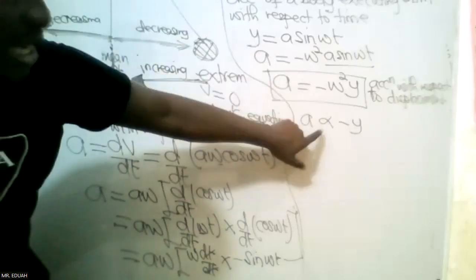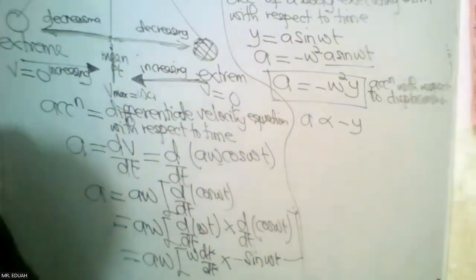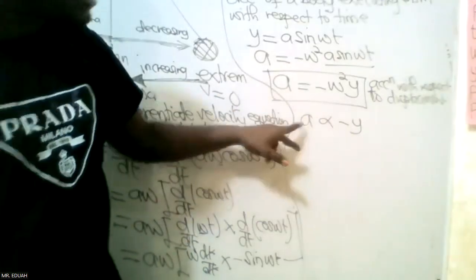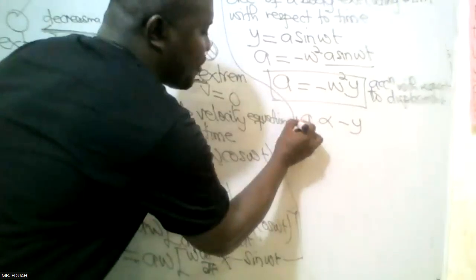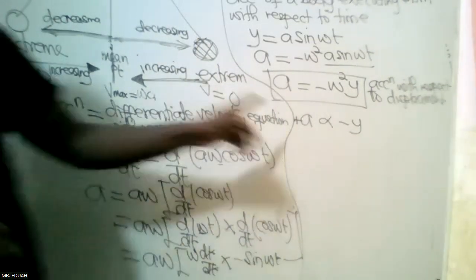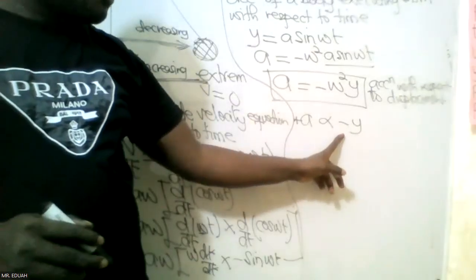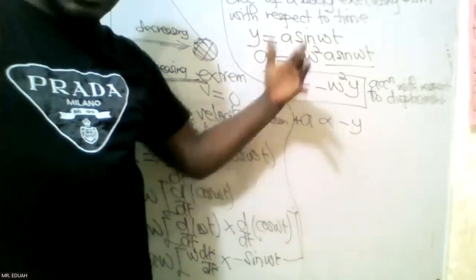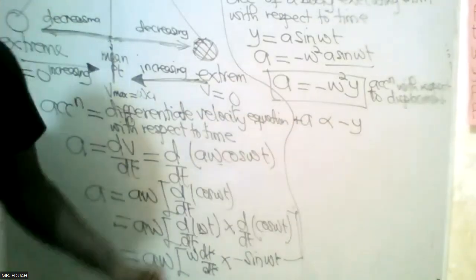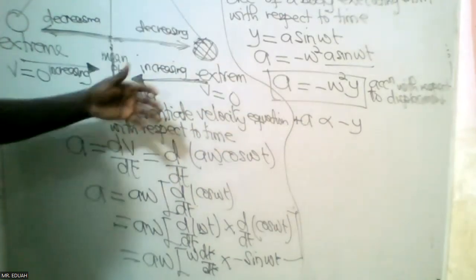So this relation confirms it. A is directly proportional to Y, but whilst A is positive, Y is negative.